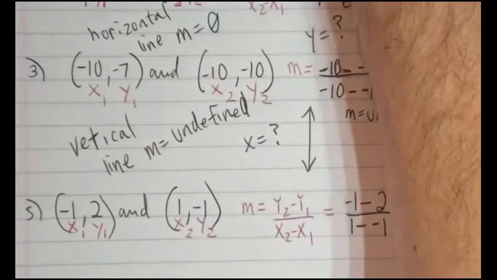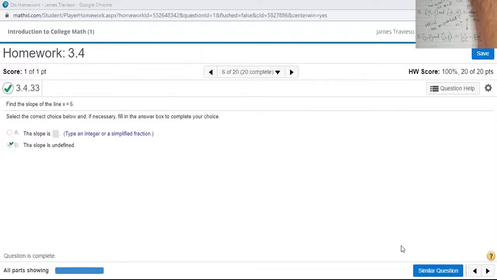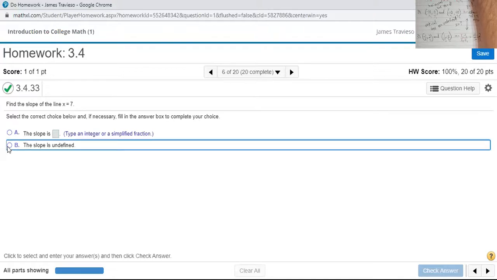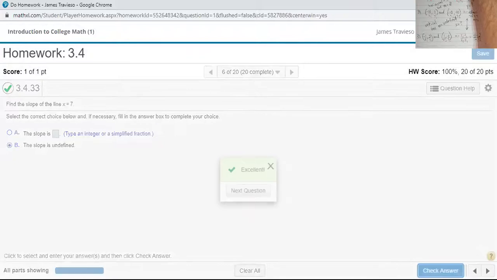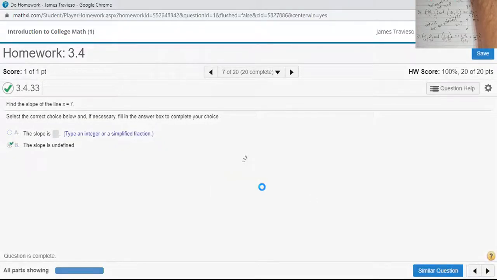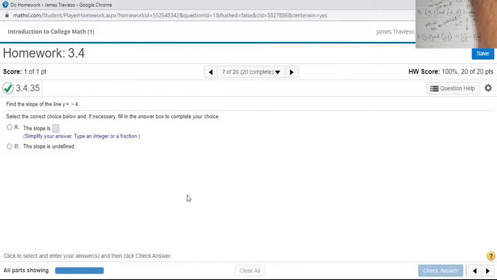So let's come back. Again, x equals 6. Let's find a similar question. It doesn't really matter. This is x equals 7. It's a vertical line. What's the slope going to be? Slope's going to be undefined. You got that. So we know that if it's x equals something, it is undefined. y equals something, y would be a horizontal line.